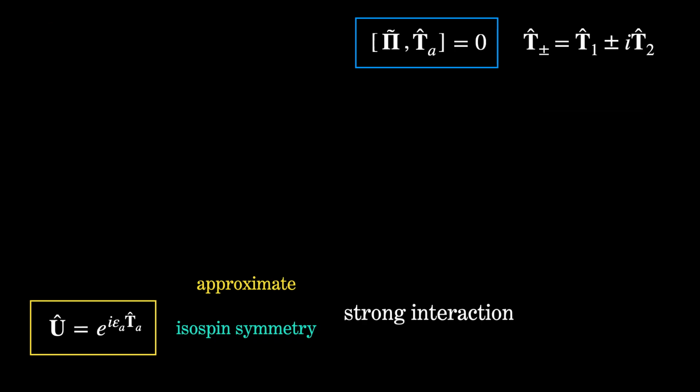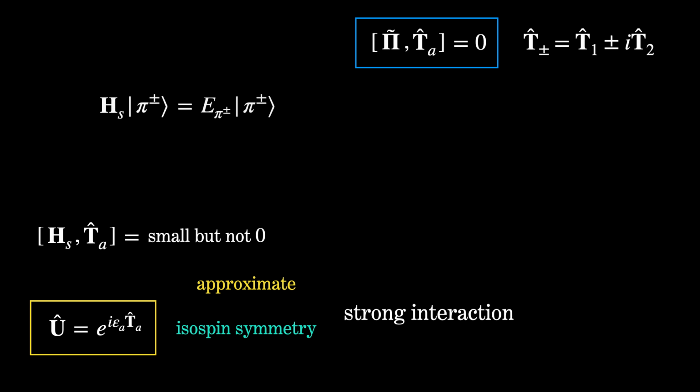What we meant by the isospin being an approximate symmetry of the strong interaction can be made more definite in this way. The commutator between the strong Hamiltonian and the isospin generators is not exactly zero, but close to it. But nevertheless, the three particles, π⁺, π⁻ and π⁰, are still eigenstates of Hs.